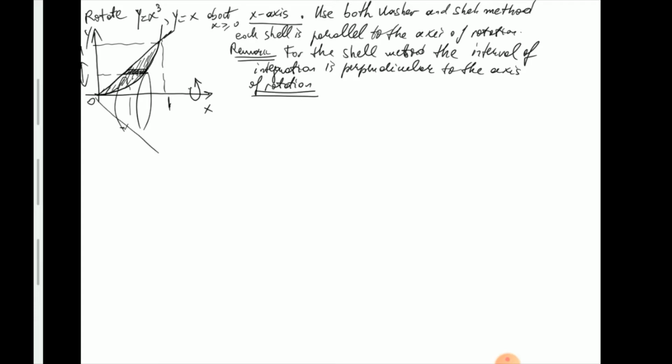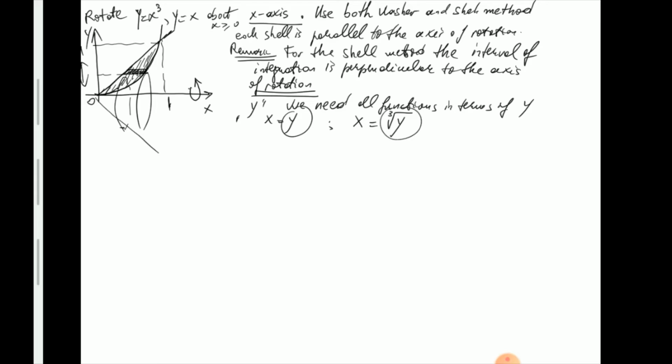Okay, now once you decide that your variable of integration is y, then we need all functions in terms of y. So all the curves should be functions with respect to y. I view y equals x as a function of y, so this is my function. And for the other one, I have to solve for x, the cube root of y, that's going to be the other function.